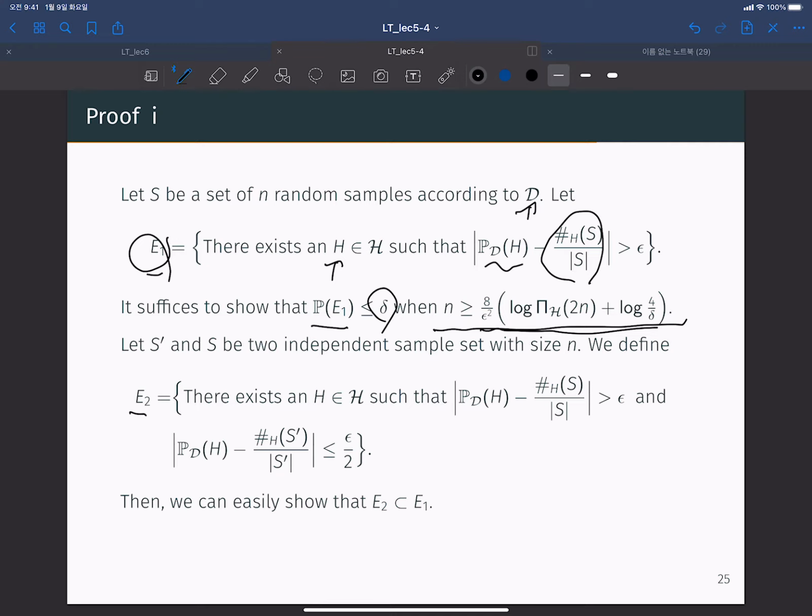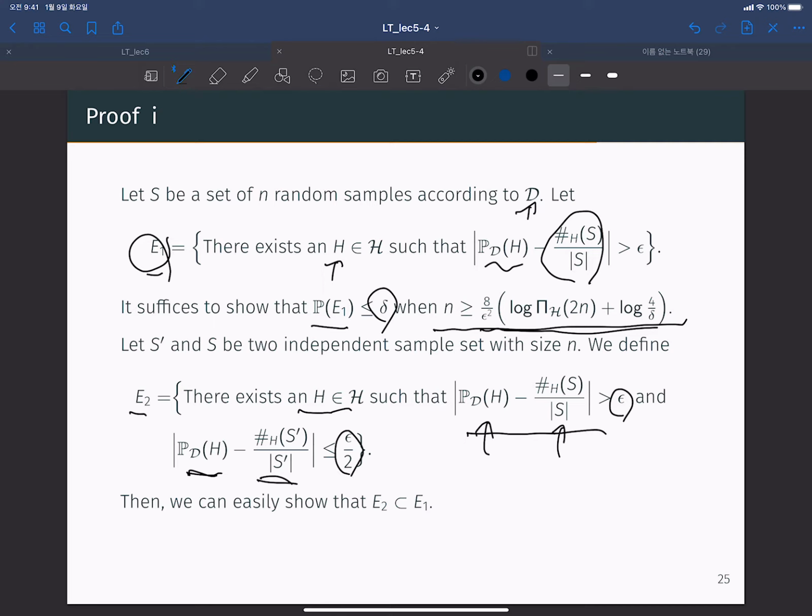There exists a hypothesis H such that the generalization error, the difference between training and test, is at least epsilon, but for the second set of training points S prime, the difference between training and test is at most epsilon over 2.